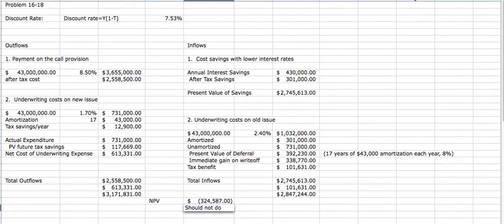Should not do it. And we should wait until the interest rates drop even further. My guess is if it drops another percentage point, and we ran the numbers and did the calculations, it might make sense to do it at that point. So I would recommend that we not go forth with this at this point.